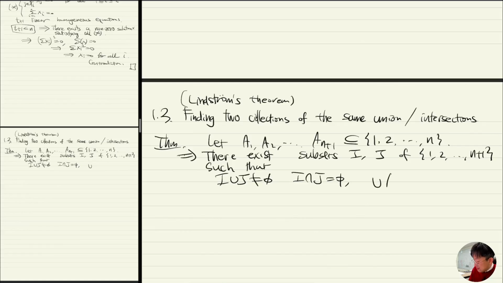And when you take a union of these, they have the same union. So you have n plus 1 subsets from an n-set. You can always find two distinct indices I and j such that the unions are the same.